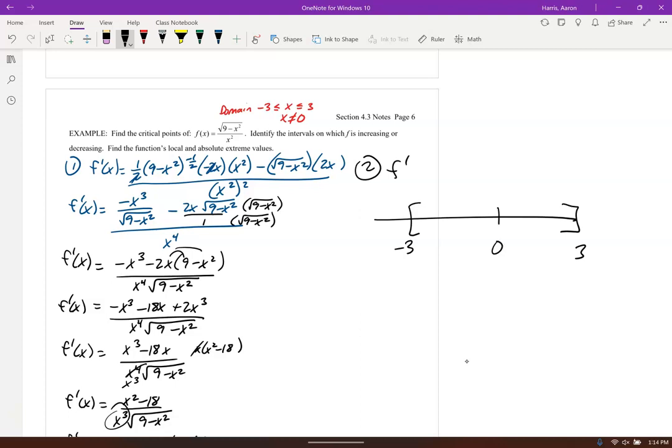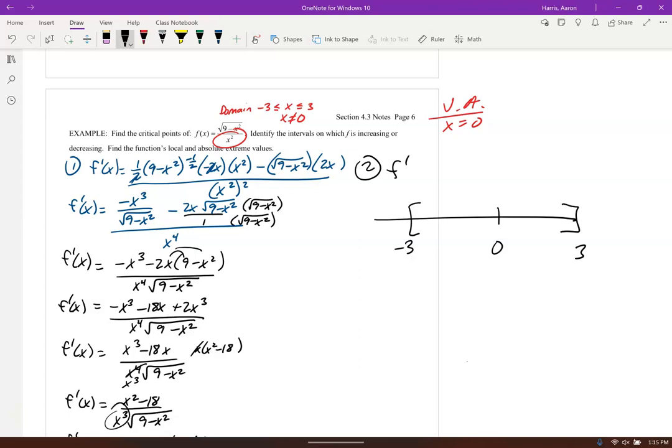I know f prime is undefined, but I'm still going to test around it. And why am I going to test around it? Because when x is 0, I have a vertical asymptote right there, right? It's not defined there anyways. So I still want to test around it. Maybe it's increasing up to that vertical asymptote, or maybe it's decreasing up to there. I still want to test around it, even though it's not officially a critical point, because the original function is not defined at 0.